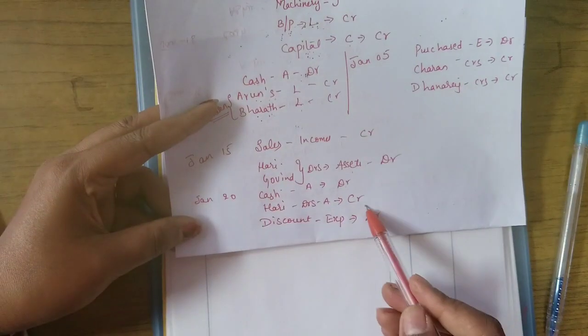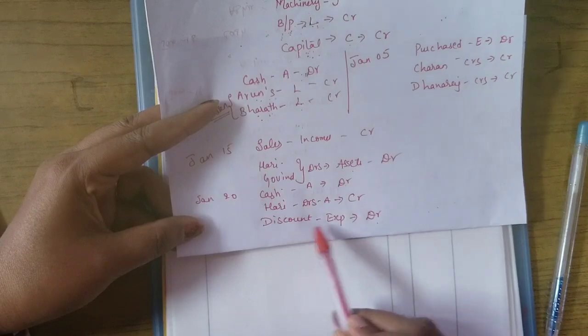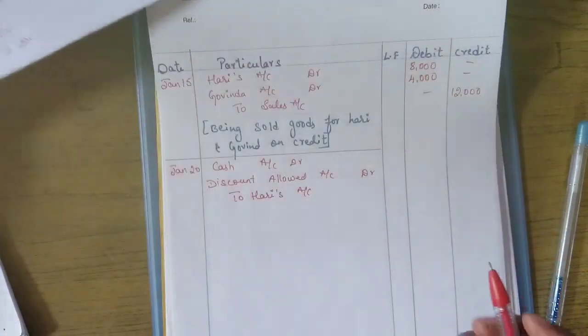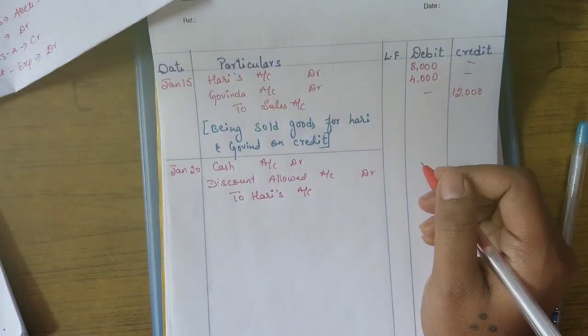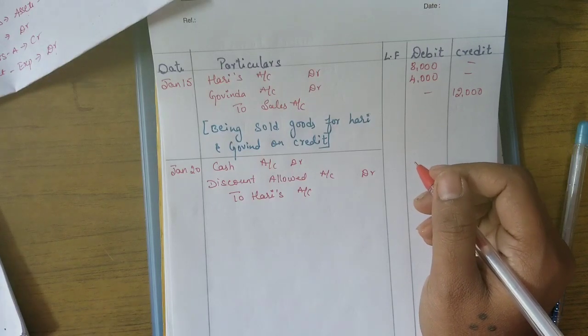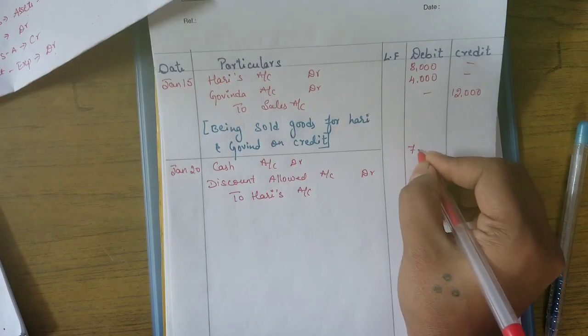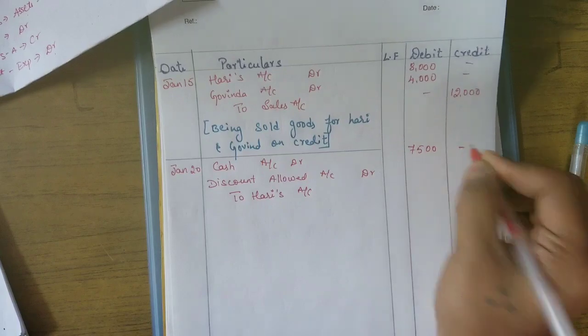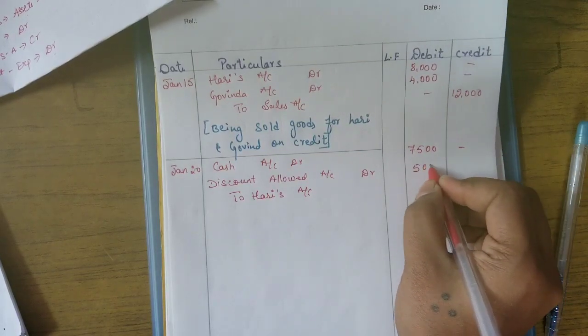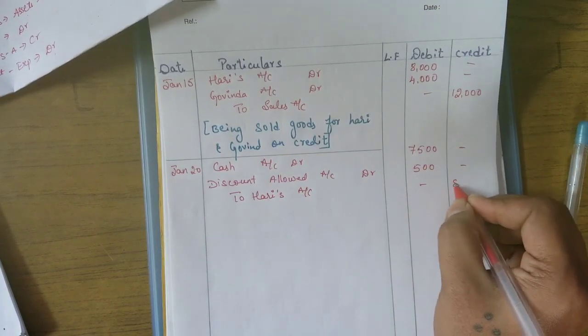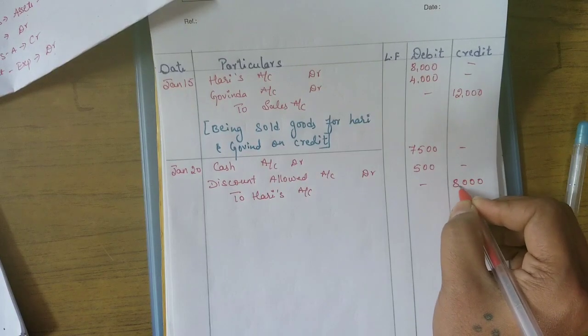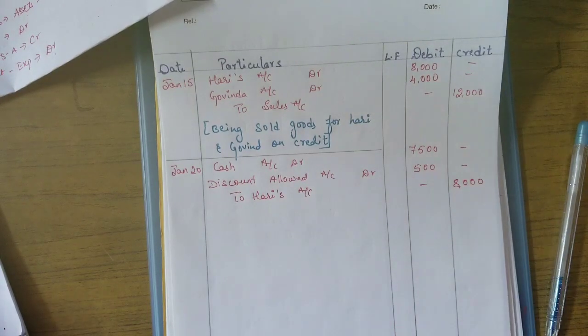You can see 2 accounts are debited and 1 account is credited. Okay. So now what is the total cash that we have received is 7,500 and discount we have allowed is 500. So actual total amount that has to be paid by Hari was 8,000.